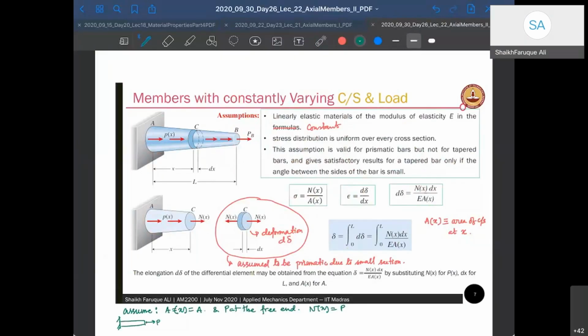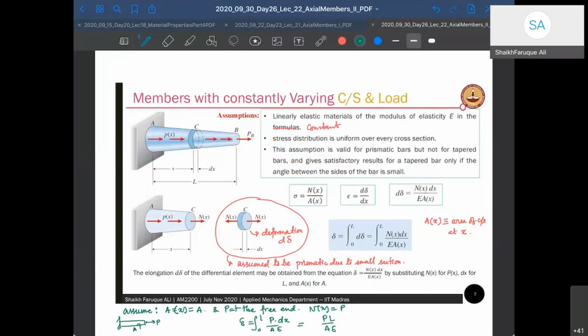This is my A. So this one becomes delta equal to the integral from 0 to L of Nx, which is P, dx by AE. So it becomes PL by AE. That is what we derive.